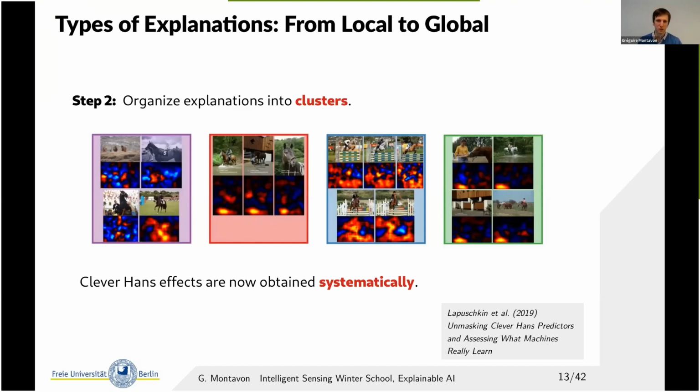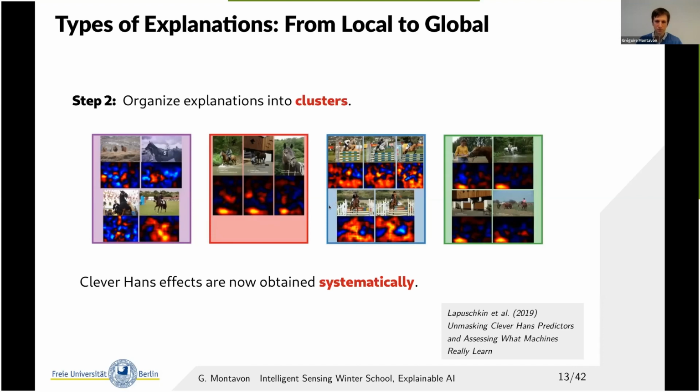What we can find here, for example, is that you have 4 clusters, and 2 of these clusters reveal what would be found anecdotally on one single image, which is that the Fisher vector model tends to look at the copyright tag to build its decision in favor of the class horse. There is one more strategy which was not found beforehand, but which could be found by this analysis, which is that the horse is also sometimes being classified because of these obstacles, which also seem to be typical of this data set.